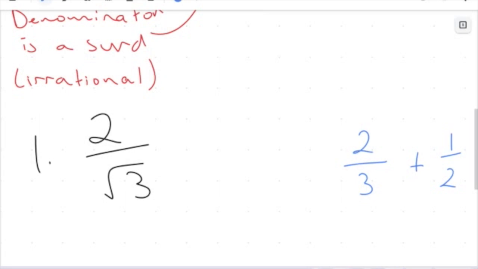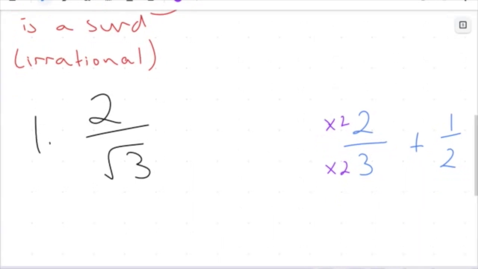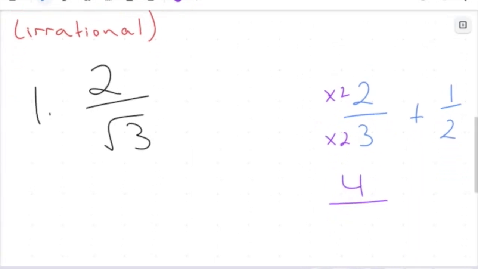We wanted to find, well, what's a denominator that we can make both of these numbers into? And what we did was we times the 3 by the number 2, and what we did to the bottom, we did to the top. And that gave us an equivalent fraction. That gave us 4 over 6. So this was just another way of writing 2/3, but with a different denominator.